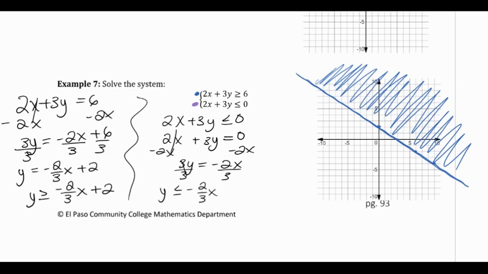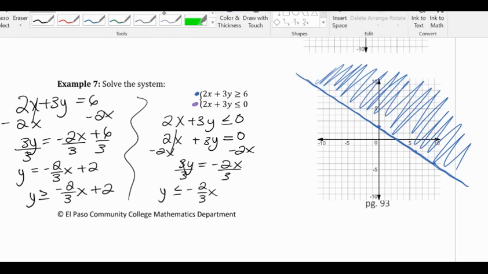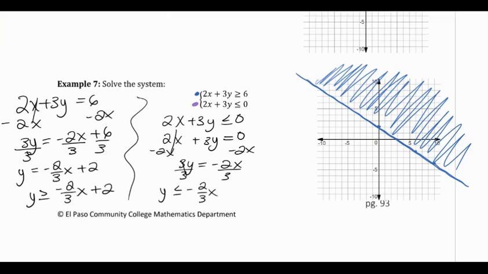So over here, my y-intercept is 0, 0. So right here. And then we're going to move 2 down and 3 to the right. 2 down, 3 to the right.